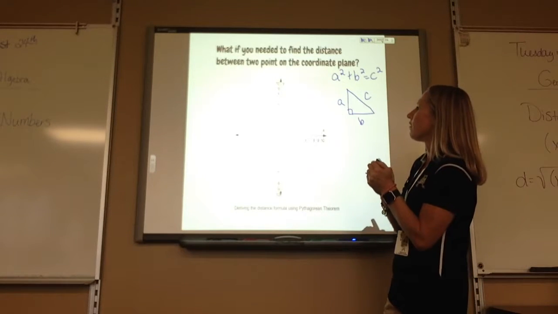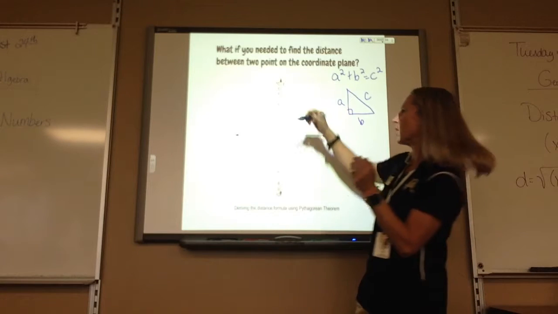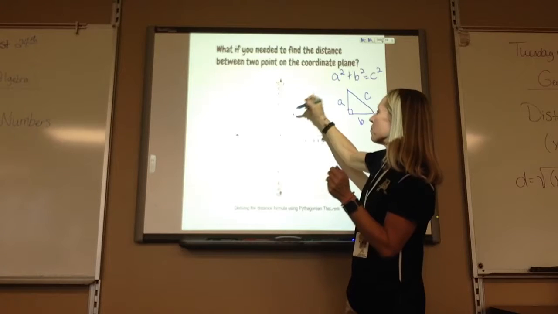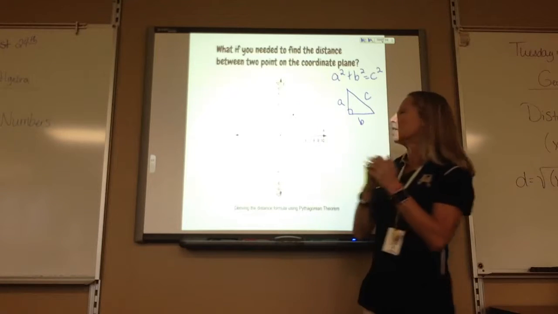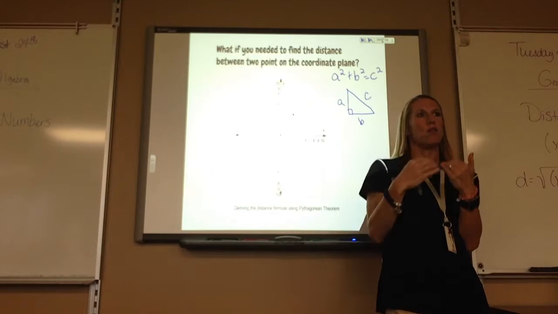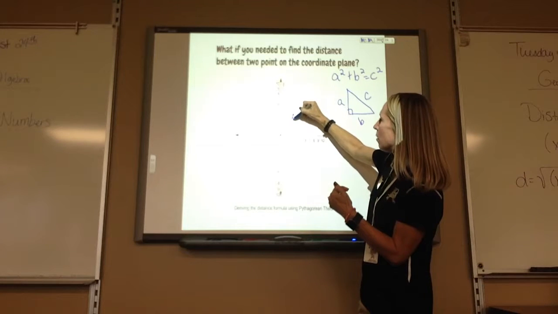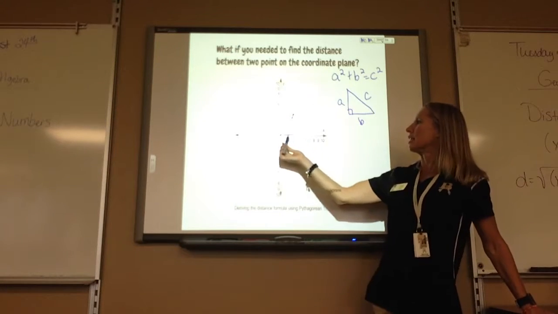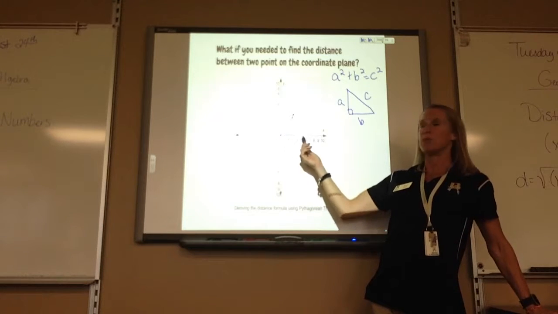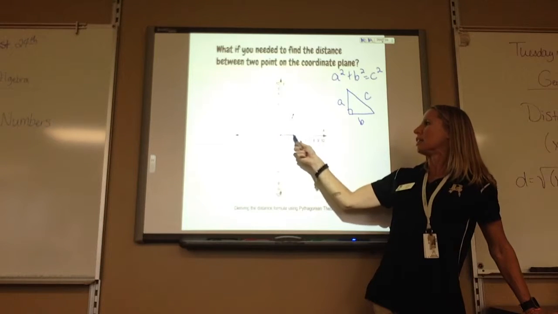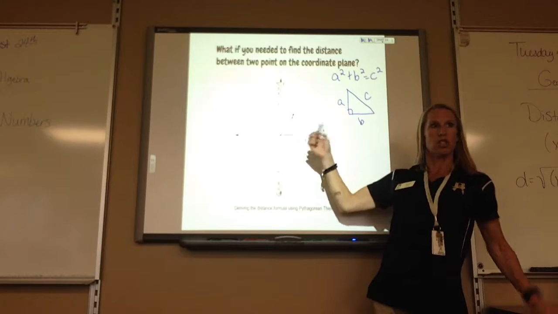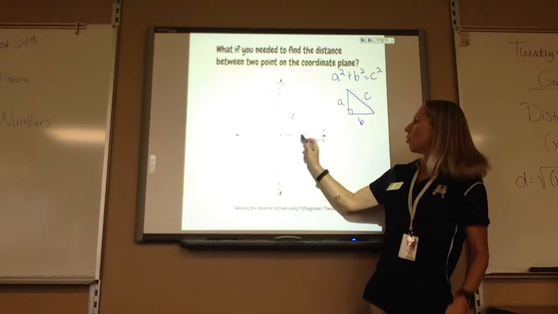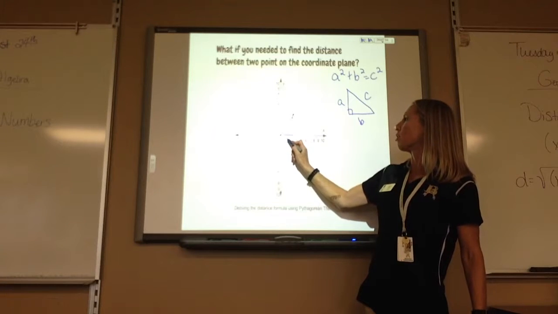So if you wanted to find the distance between 2 points, I'll just make up a couple of points. The distance formula comes from the Pythagorean Theorem. If I wanted this length, I would subtract 3 minus 0, just like subtracting x2 minus x1, so this length would be 3.